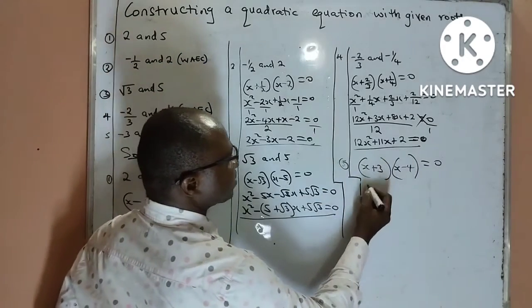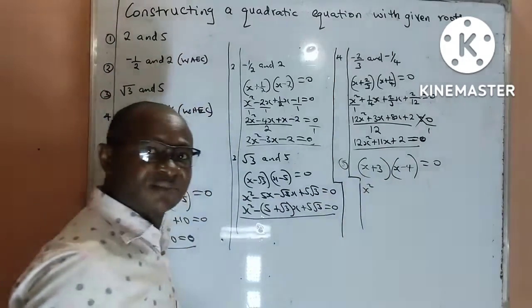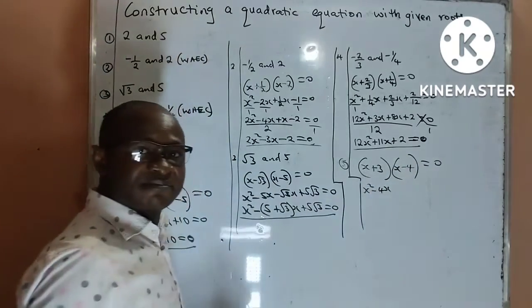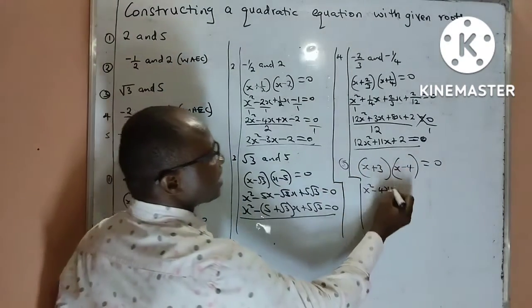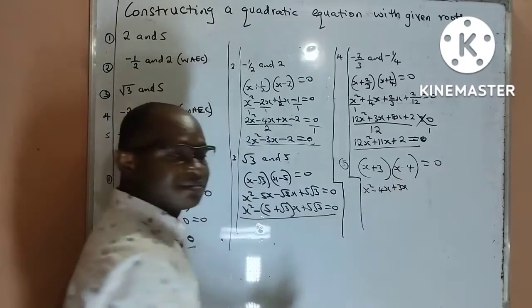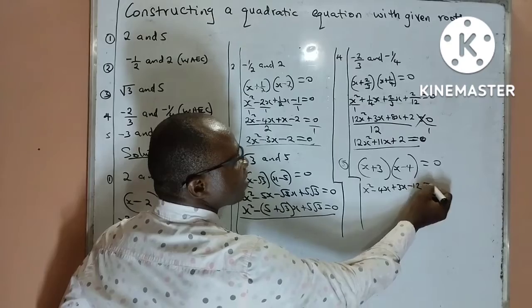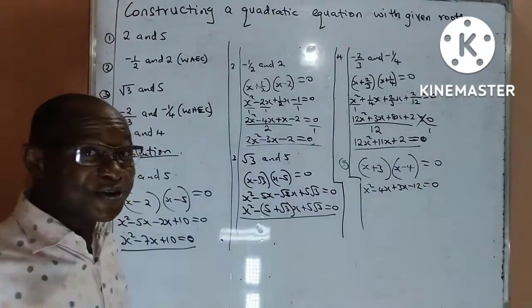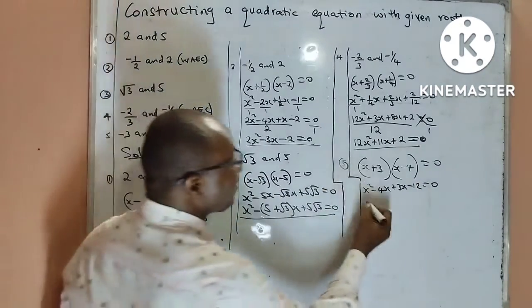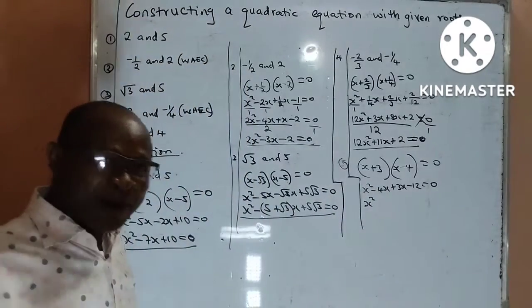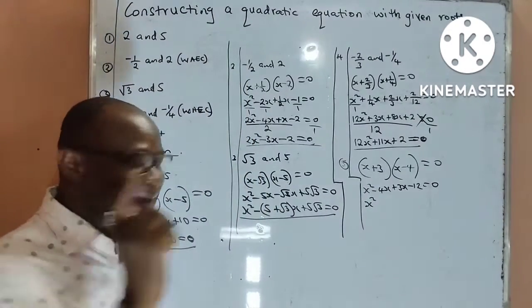Alright. What do you have in your mind? Multiply x and x to get x squared. Multiply x and minus 4 to get 4x. Use 3 to times x to get plus 3x. And use 3 to times minus 4 to get minus 12. Everything equal to 0. Do you know we are done? Therefore, x raised to the power 2 minus 4x plus 3x will give us minus x.